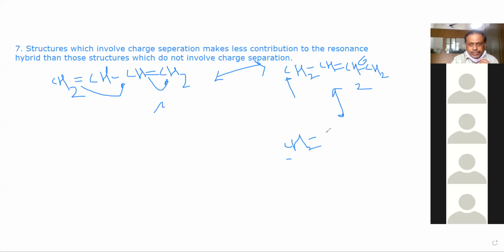CH double bond CH2, CH double bond CH CH2 plus.